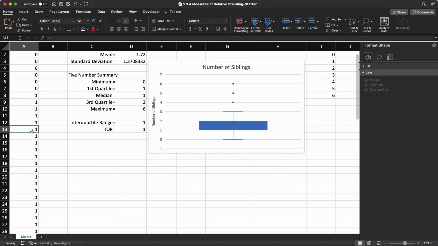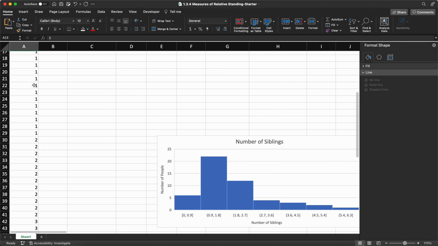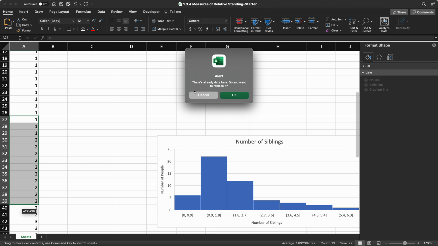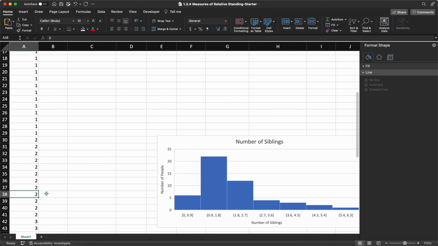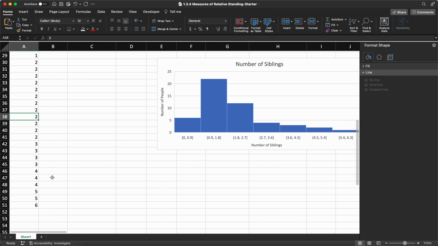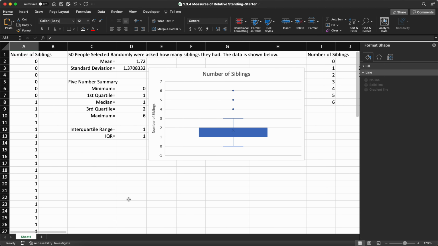The 13th value is a 1, and then 13 past 25 is right here, and so that would be a 2. So visually you can see this laid out if we arrange these numbers in order.